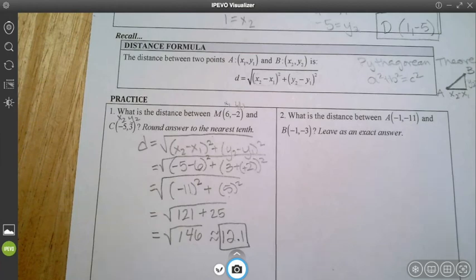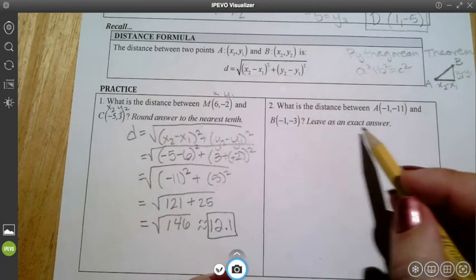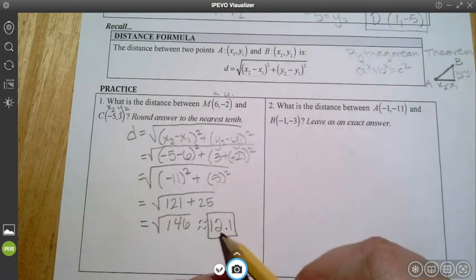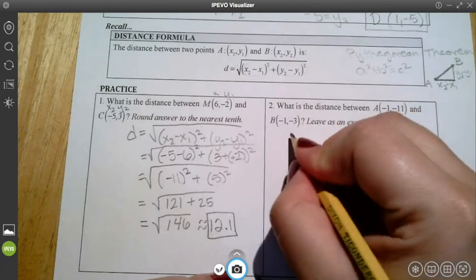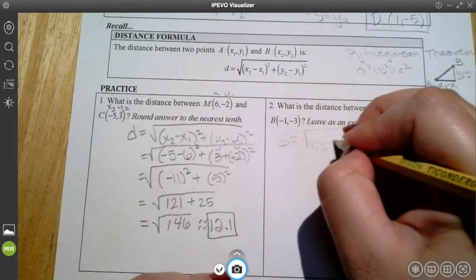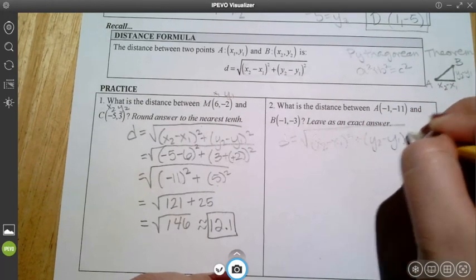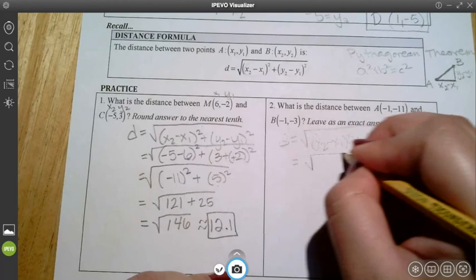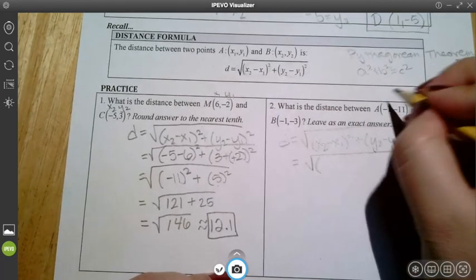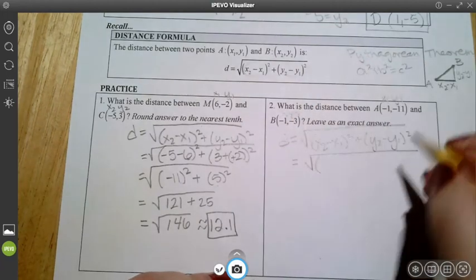Okay, and then our last practice problem for this video. What is the distance between these 2 points? Leave an exact answer, so we're not going to estimate it this time. Distance is the square root of x2 minus x1 squared plus y2 minus y1 squared, which is the square root of x1, y1, x2, y2.